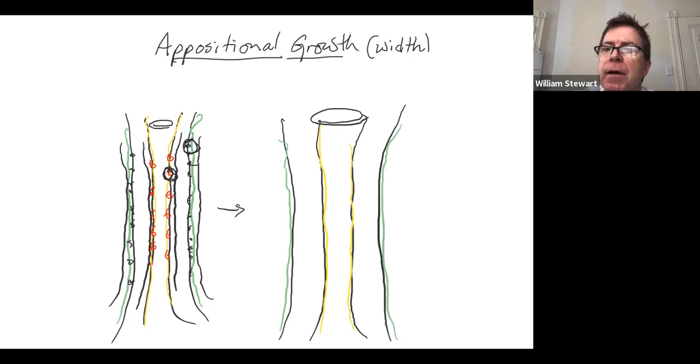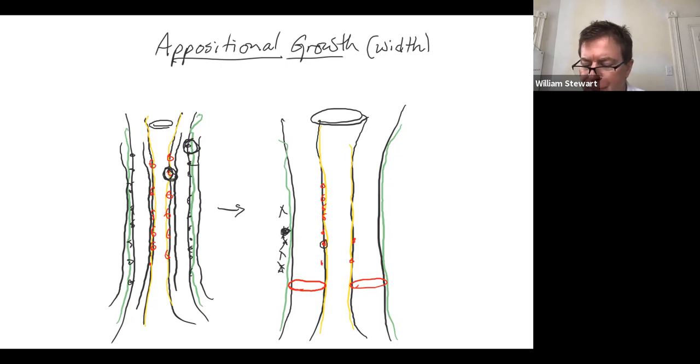The reason is because osteoblast activity on the outside of the bone outpaces, or is faster than, osteoclast activity in here. So even though the medullary cavity does get wider, the overall bone gets thicker because osteoblast activity outpaces osteoclast activity.